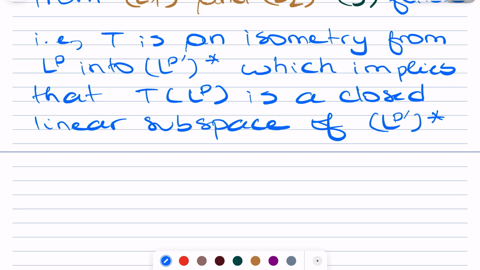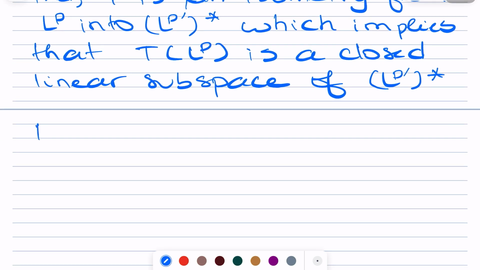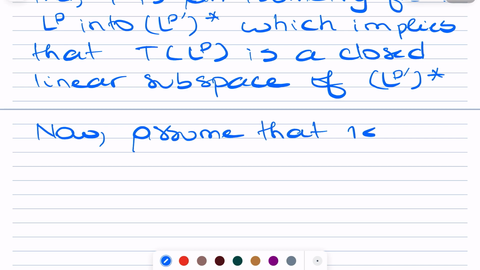So okay, now assume that p is actually between 1 and 2. Let me just highlight that.